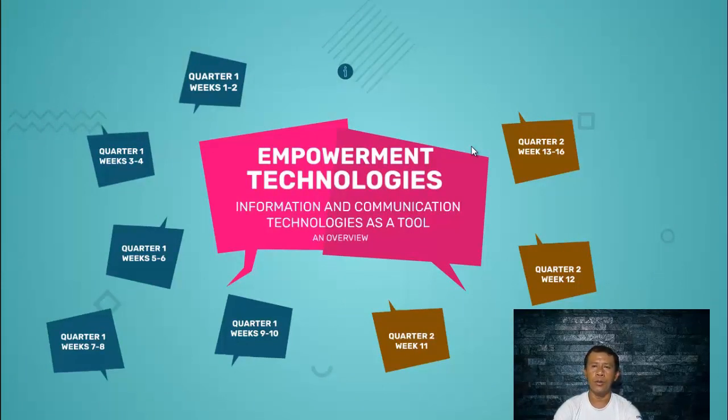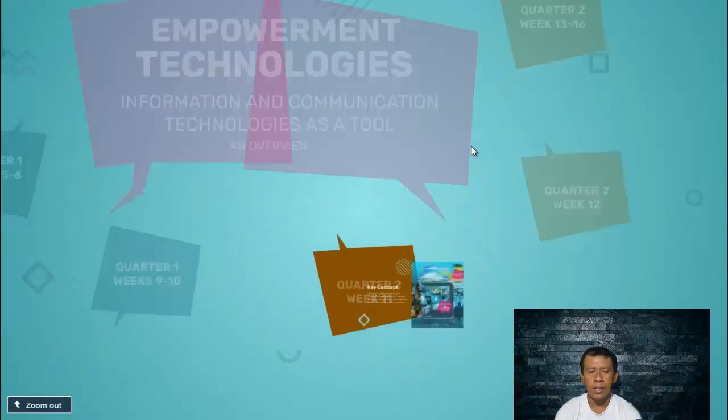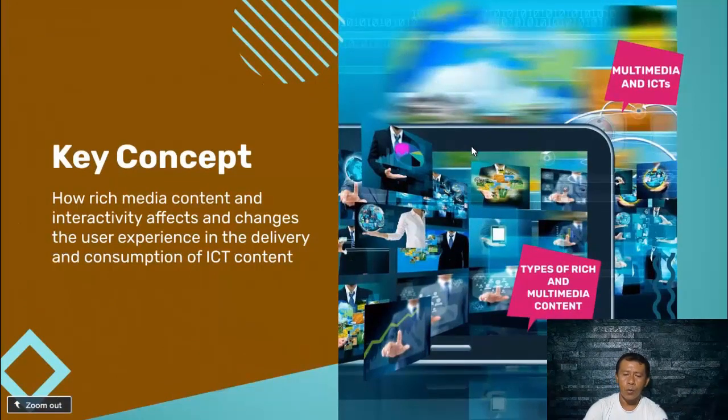2020 to 2021. For the second quarter, we will tackle the key concept for week 11 of the second quarter: how rich media content and interactivity affect and change the user experience in the delivery and consumption of ICT content.